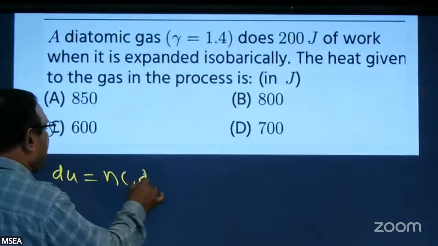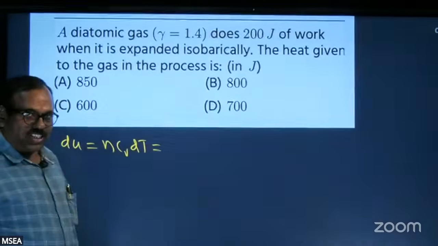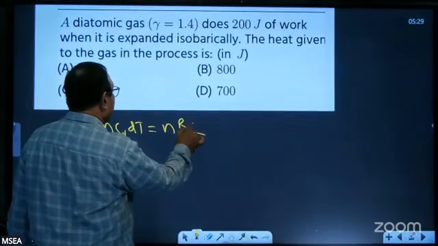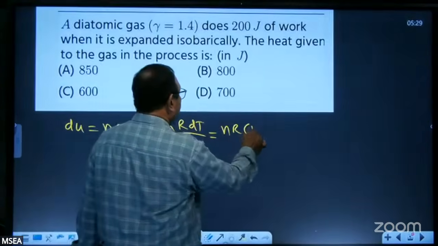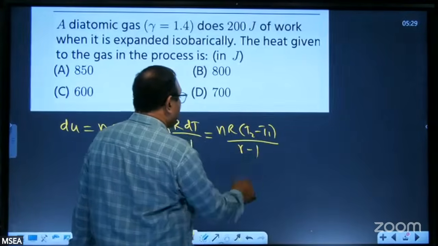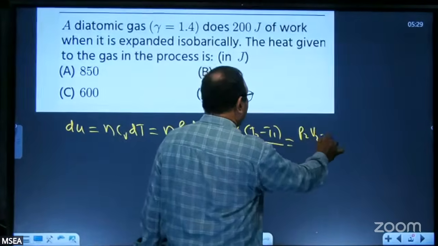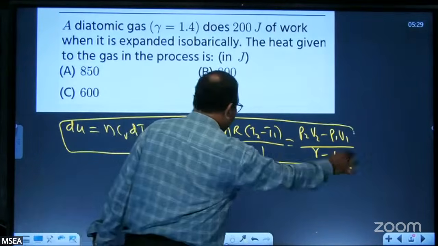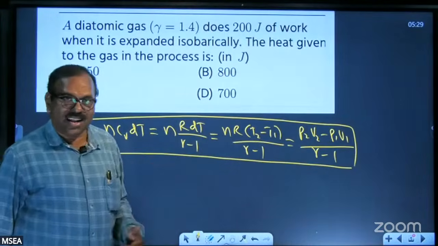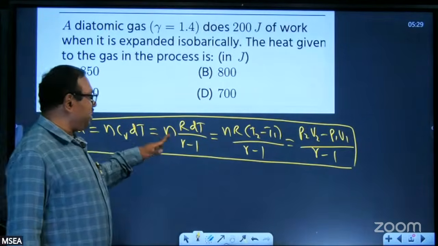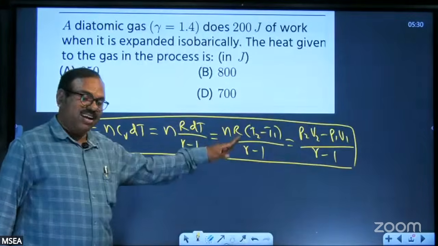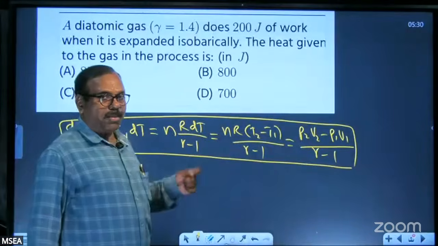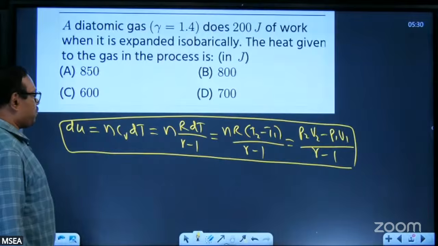The important thing to remember: du equals ncv dt, or n into R by gamma minus 1 into dt, or nR into T2 minus T1 by gamma minus 1, or P2V2 minus P1V1 by gamma minus 1. This is very important for the increase in internal energy. This is the expression for du.